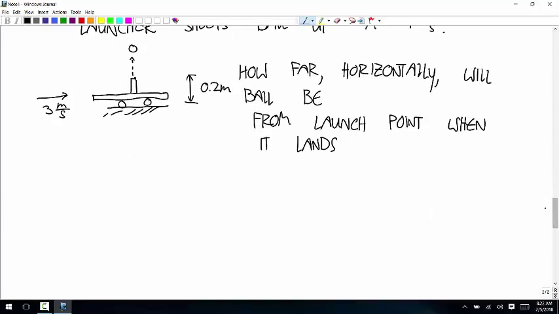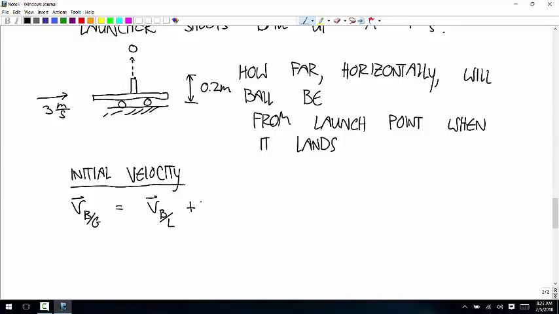Okay, so the initial velocity. What we want is the velocity relative to the ground. So the velocity of the ball relative to the ground is equal to the velocity of the ball relative to the launcher plus the velocity of the launcher relative to the ground.